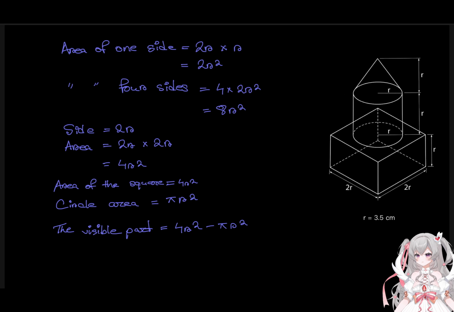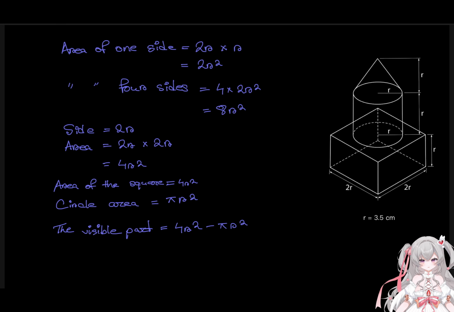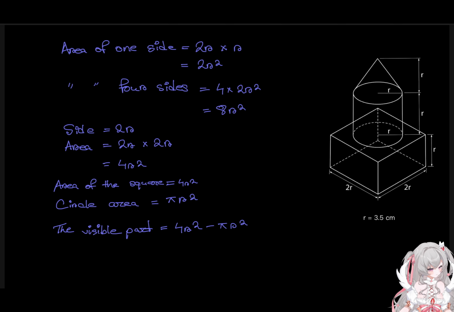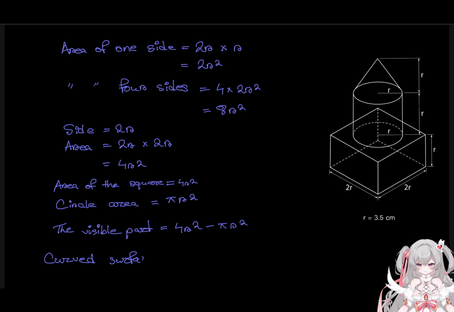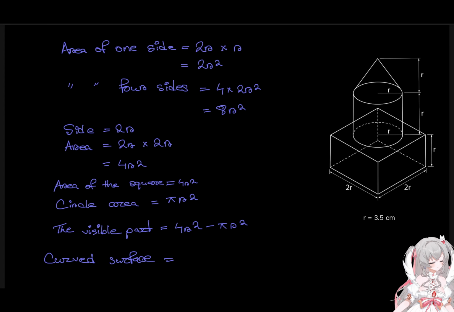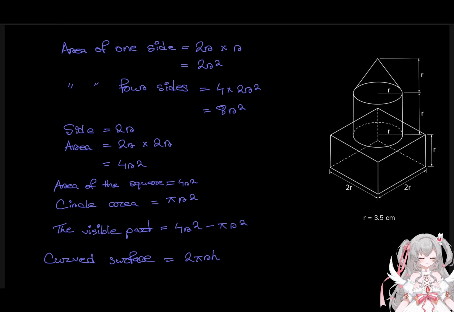Now, the curved surface of this cylinder, and for this, we need this formula. Curved surface is 2 pi r h, where r is radius and h is height.